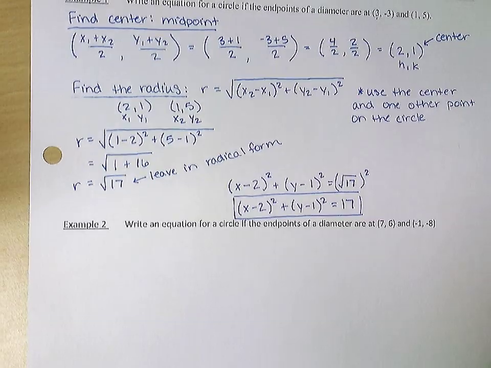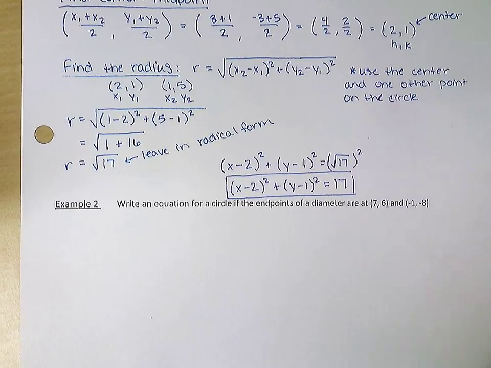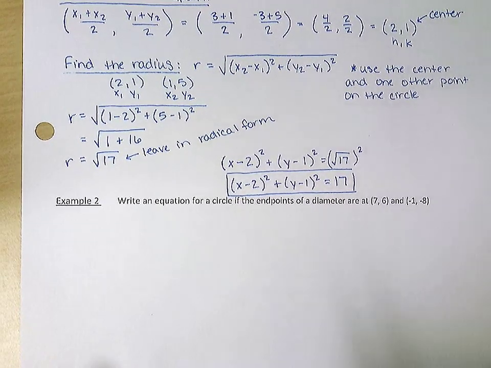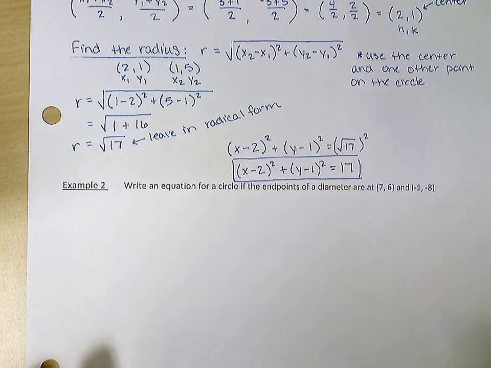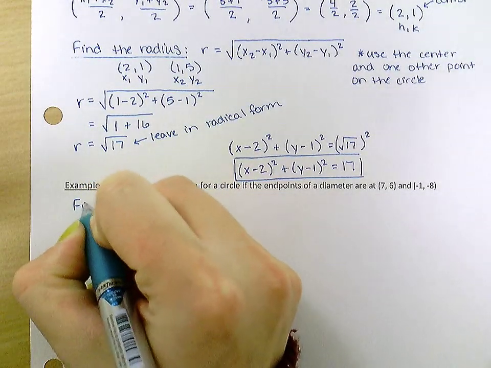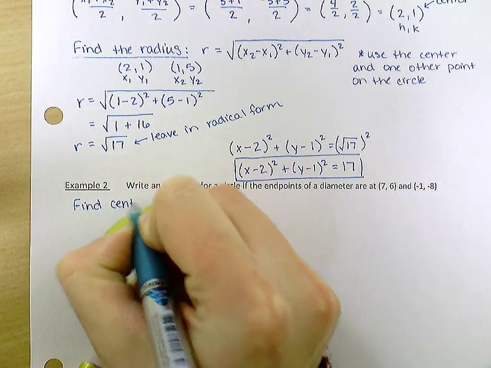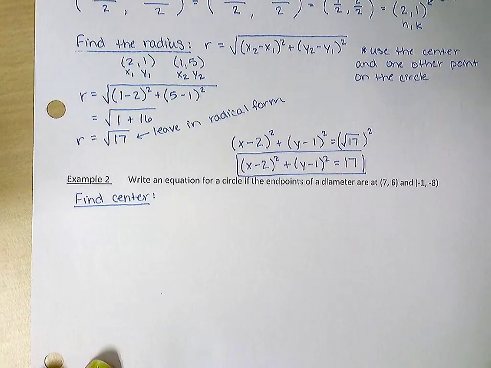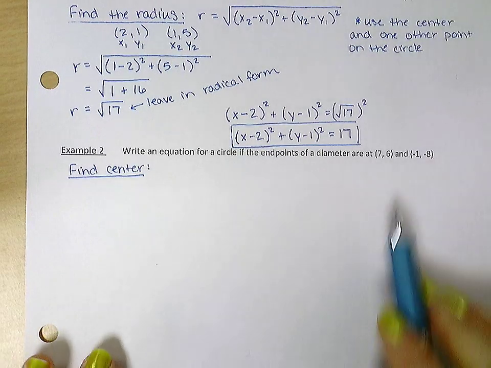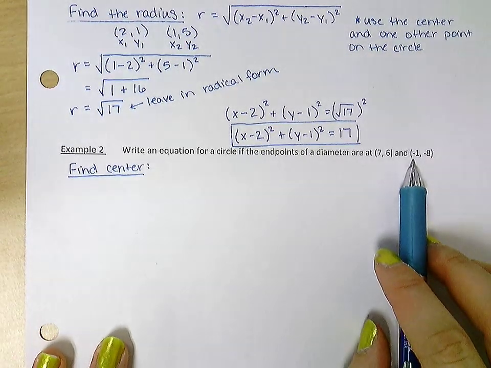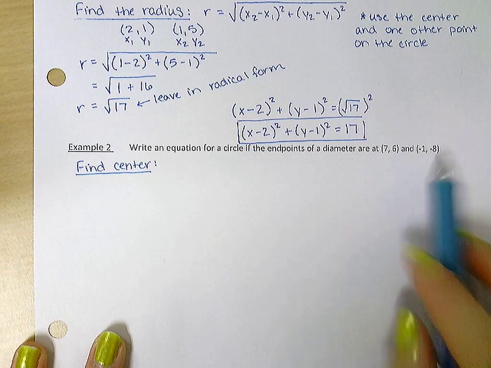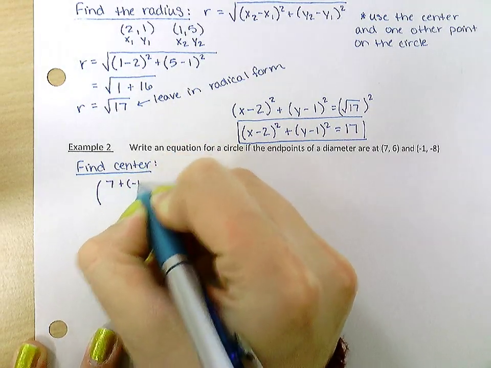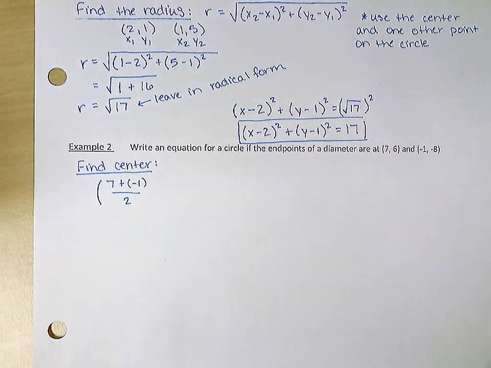Okay, we'll do one more, same process here. We have endpoints on our diameter. So again, first thing we want to do is find the center, using the midpoint. So I'm averaging the x's of my 2 points here and averaging the y's. Our x's are 7 and -1, divided by 2.